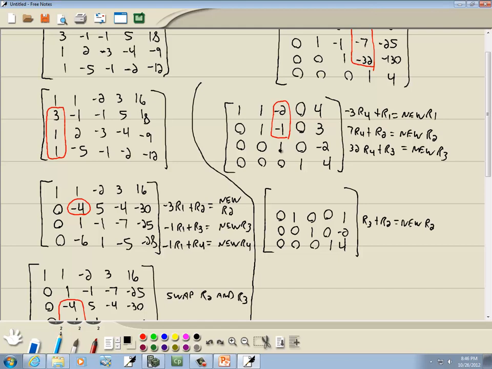Well, we multiplied this row by 2, because 2 times 1 is 2, plus negative 2 is 0. So we'll take 2 times row 3 and add it to row 1. And that's going to give us our new row 1.